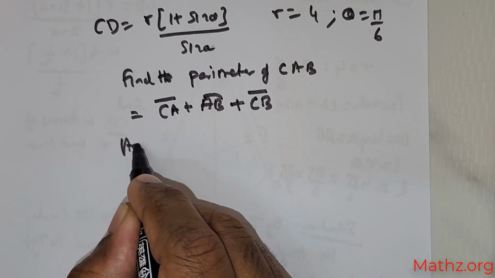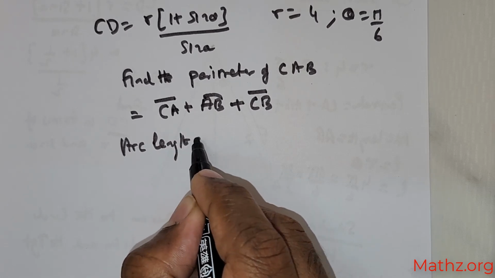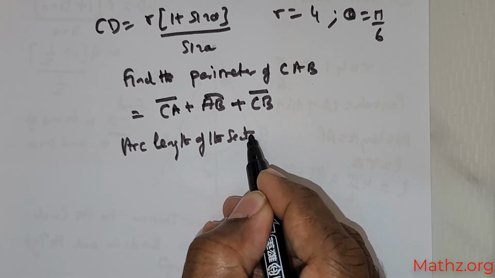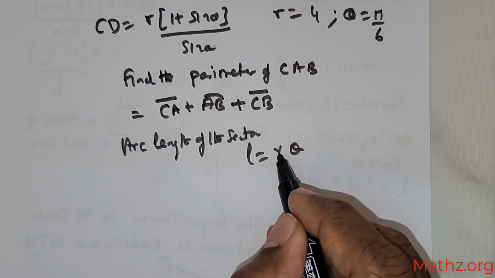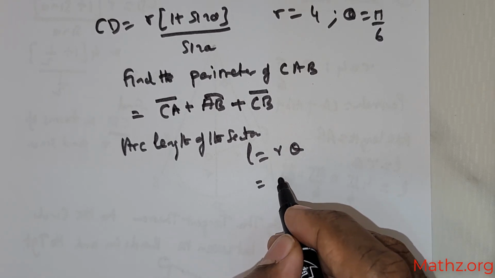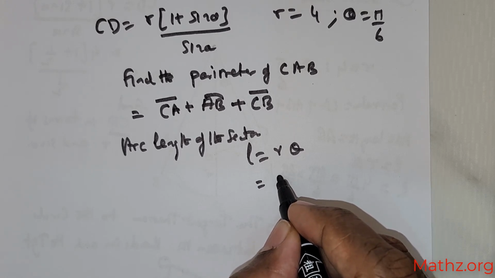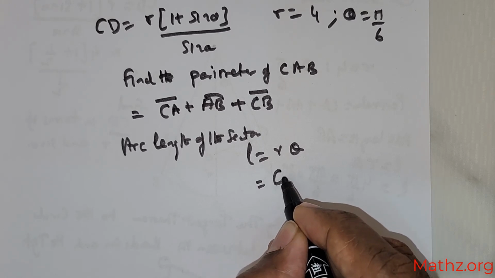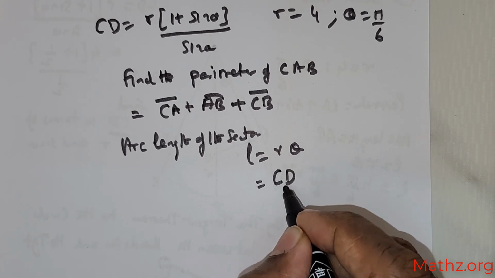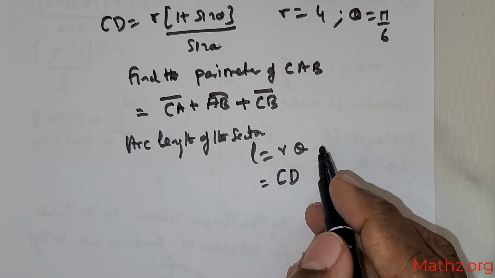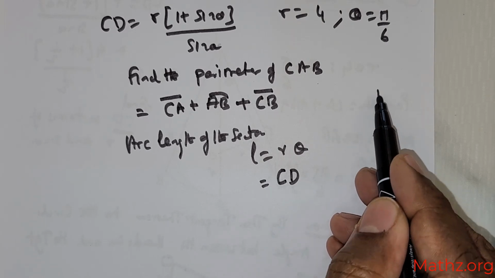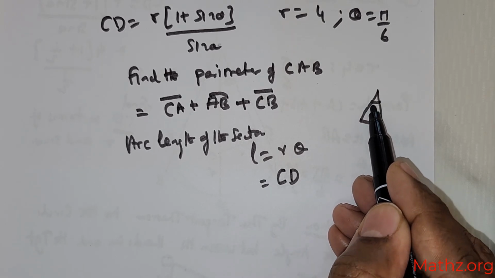Now for finding the arc length of the sector, we will have to use L is equal to R times theta. But this R is actually our total CD, right? So we will have to utilize CD here, and theta, we are given only one part as theta, right?